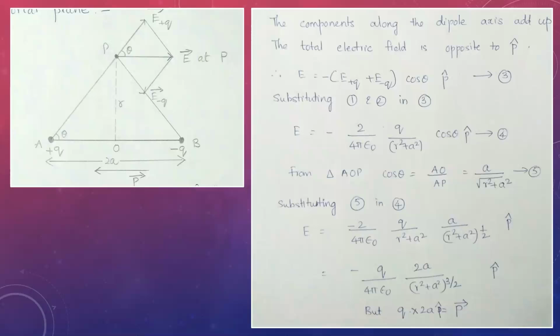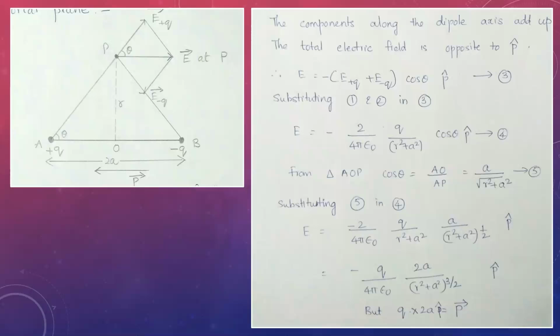As we all know, p cap, which we have seen in the earlier video also, is a unit vector along the direction of the dipole moment. Now, if you look at the triangle AOP, cos theta is equal to adjacent side by hypotenuse, that is AO by AP. AO means half of the dipole, which is a.